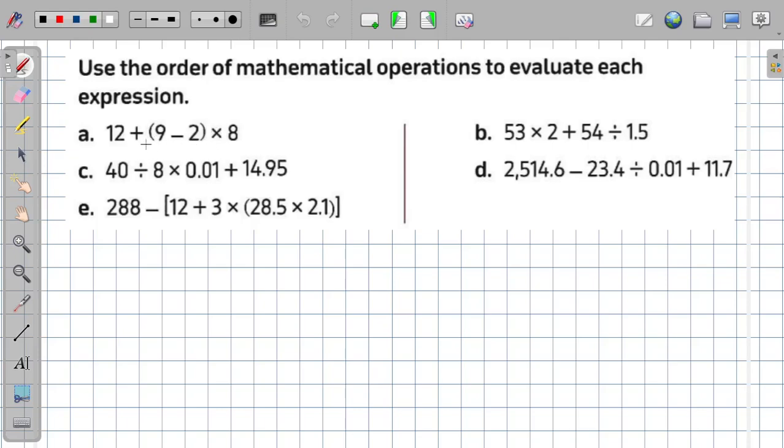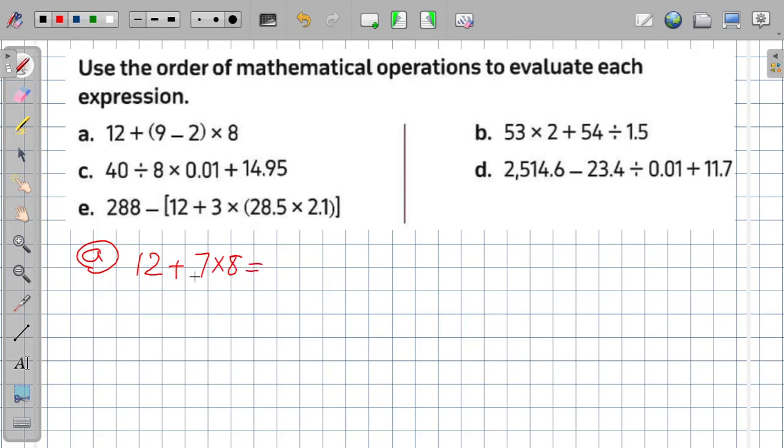So first, let's do what's inside the parentheses. So I have 9 minus 2 equals 7. So I can say 12 plus 7 times 8 equals what?